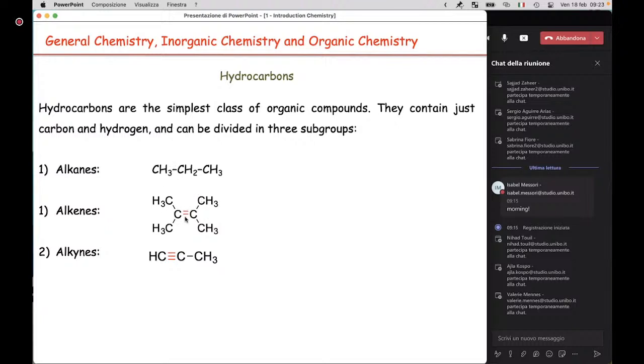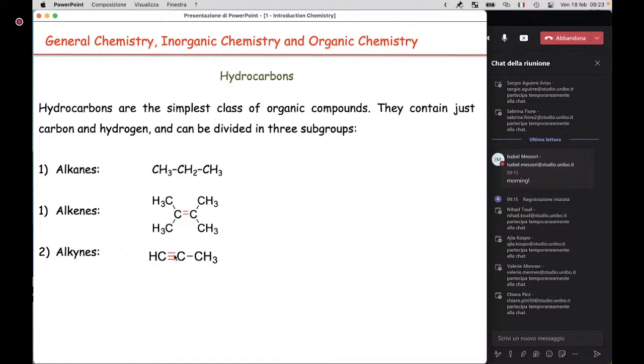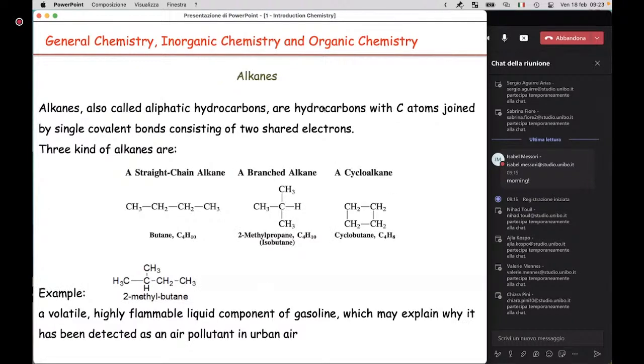Alkenes contain at least one double bond, here in red, and alkynes contain at least one triple bond. Okay. Alkanes can also be called aliphatic hydrocarbons.